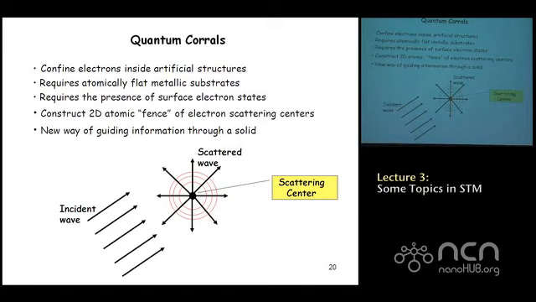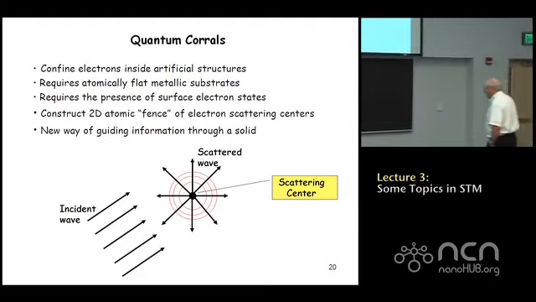So basically, what is a quantum corral? In five lines or less, a quantum corral is some sort of an artificial structure that you construct to confine electrons in a way that they're not normally confined, right? So you have to create some sort of an artificial structure, and that artificial structure has to be efficient at confining electrons.